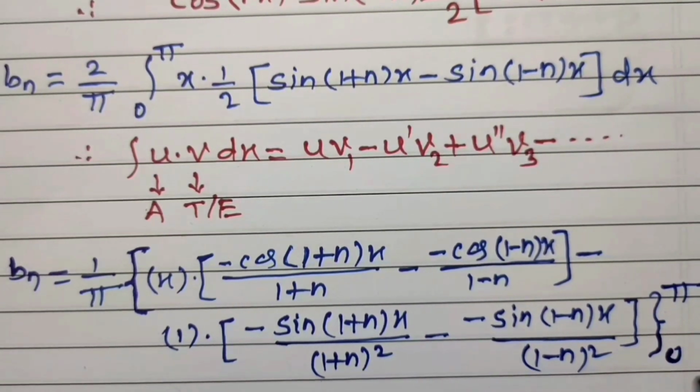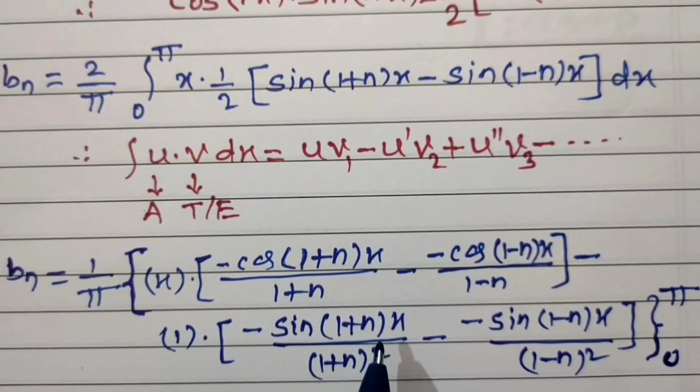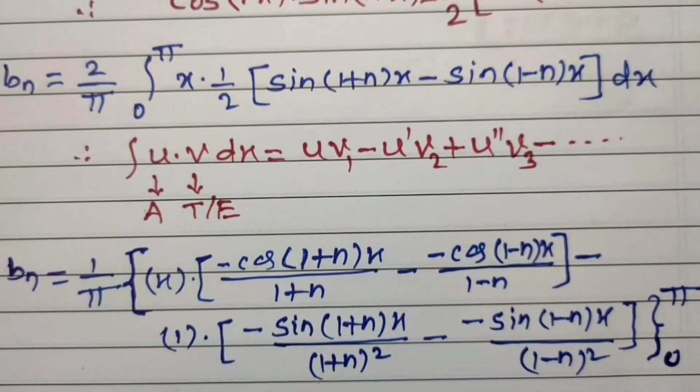Now you know, if we substitute upper limit and lower limit in sine function, that is if we substitute pi and 0 in sine function, the value of sine function becomes 0. So eliminate this term because this term contains sine function here as well as here. Only consider this term and put the limit.